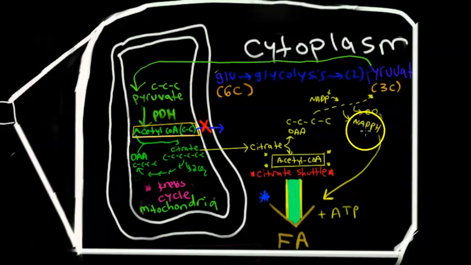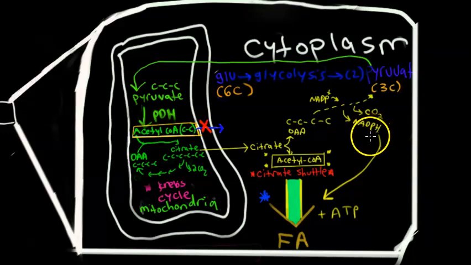And this NADPH is what's needed to make fatty acids. And if you recall, the pentose phosphate pathway that I talked about in the previous video was the other way that we can generate that NADPH. If you forgot about that pathway, you can check out my other video on the pentose phosphate pathway. But this NADPH is needed to make fatty acids.